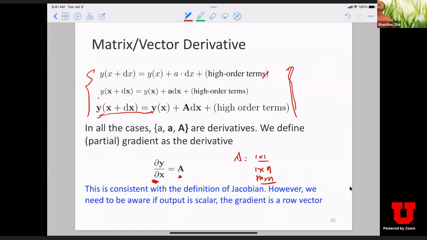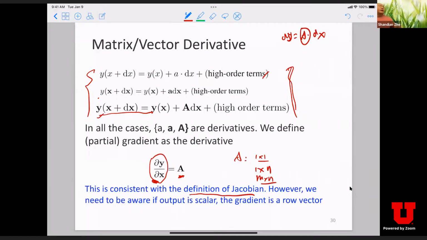Does it make sense? That's our definition. Later I will talk about another definition. So we can define our gradient, or partial gradient, in a more general sense as the derivative. If you can write dy equals A times dx, we call A the derivative. This is consistent with the definition of the Jacobian.